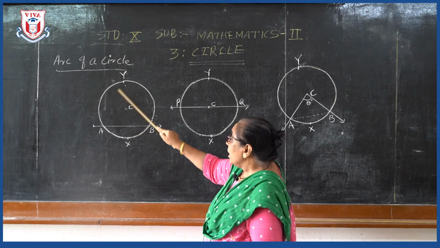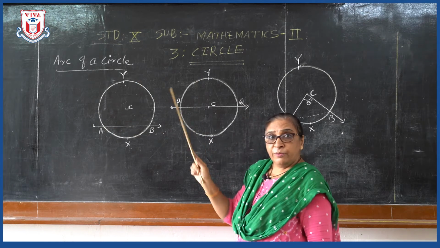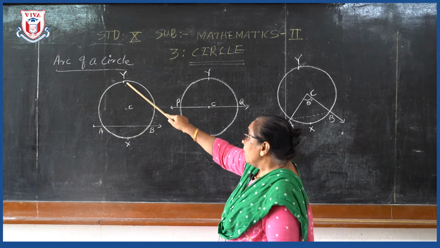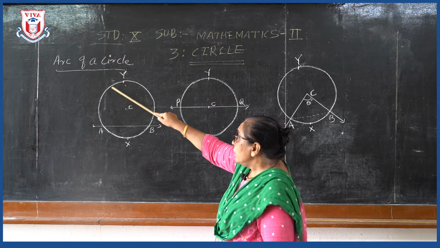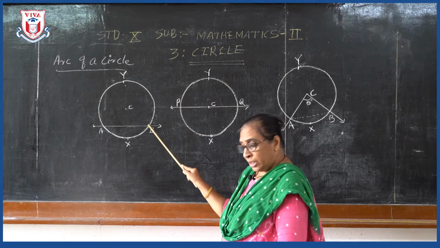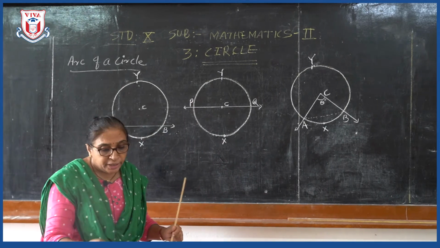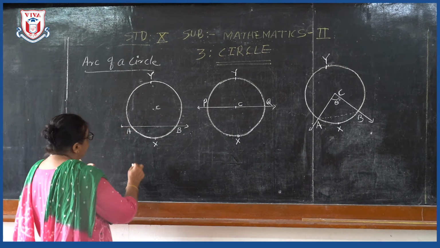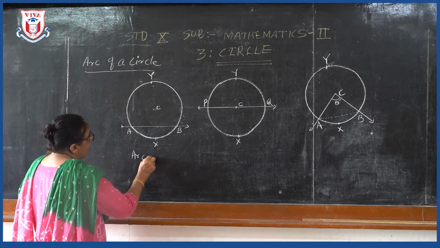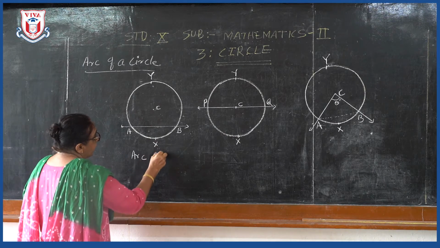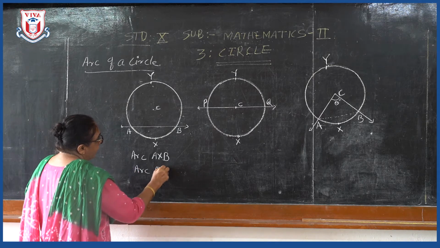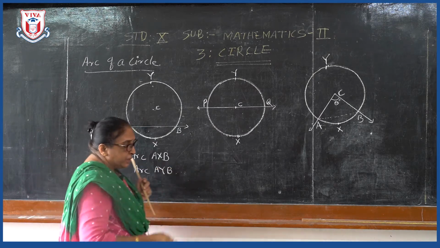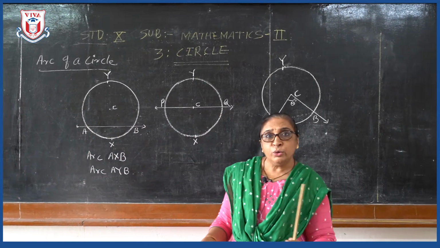Similarly, on the opposite side of line AB, Y point is taken on the circle. So this is the another arc AYB. So here we are getting 2 arcs, that are arc AXB and arc AYB. That means the circle is divided into 2 parts.